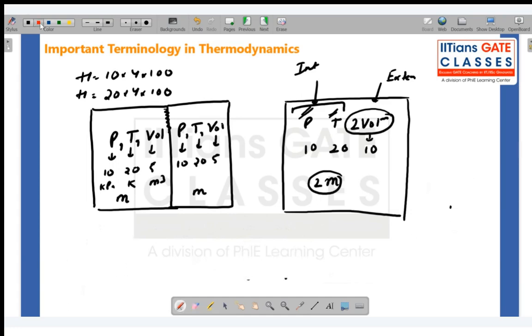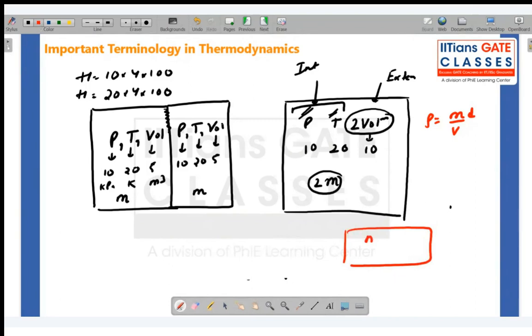Look, extensive property: in the same volume container, if we add more gas, then density will increase, like in an LPG cylinder, same volume. But you have to increase the volume as well, no? You see, density is equal to mass per unit volume. So if you are changing mass, volume is going to compensate for it.